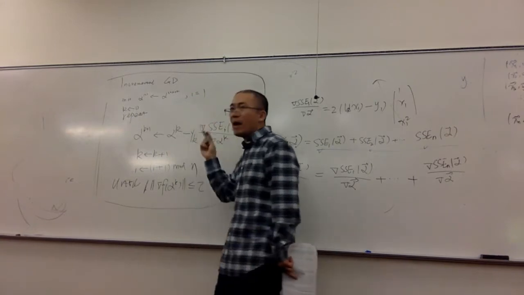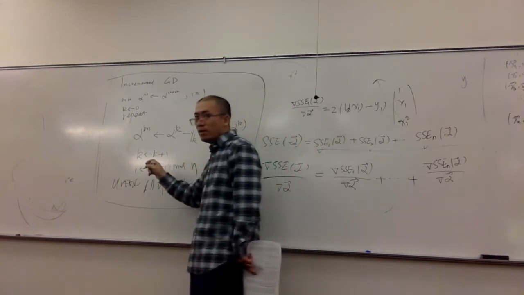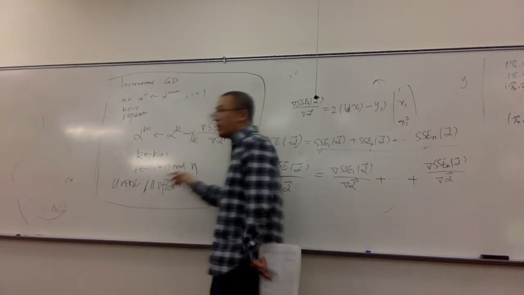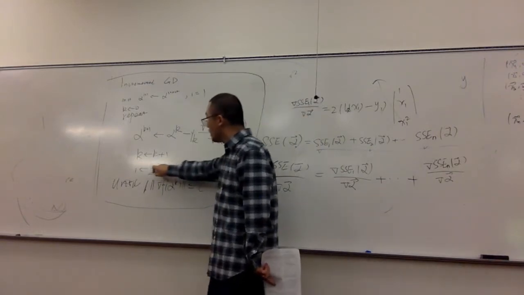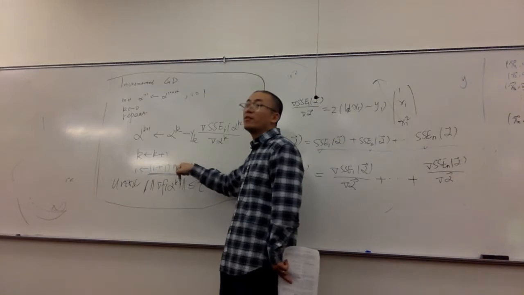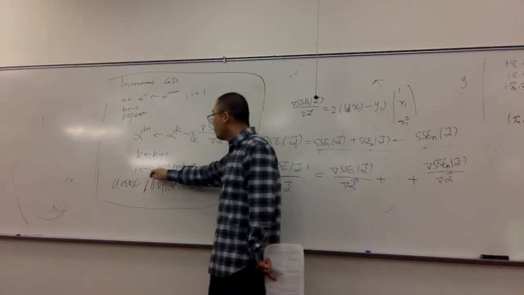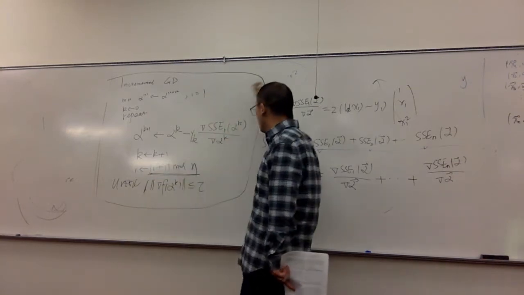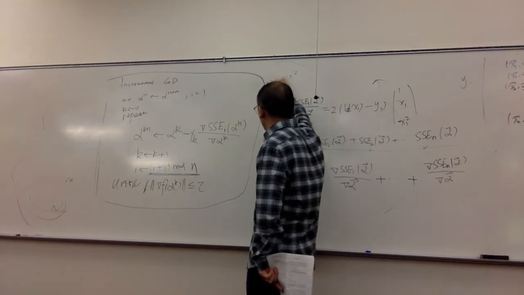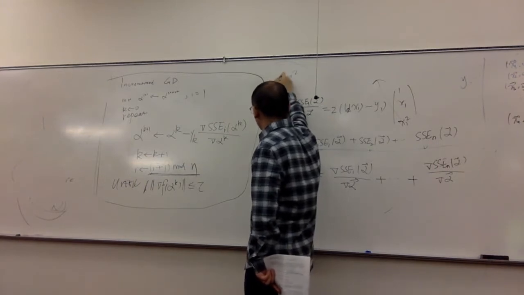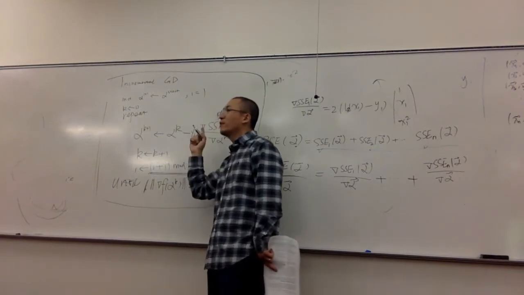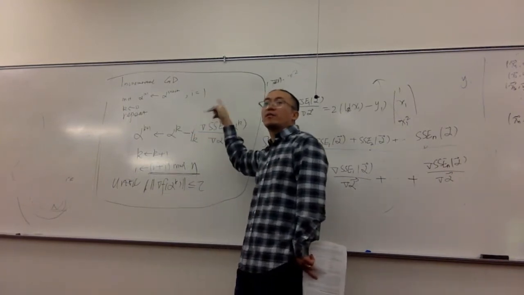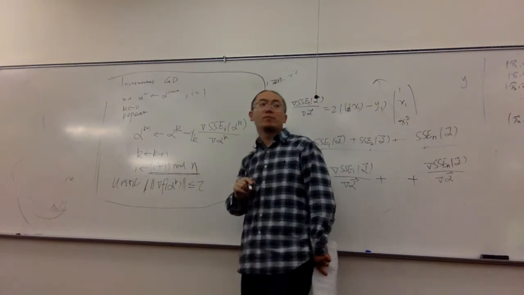But if the number of updates exceeds the number of instances, we just go back to 1. That's the meaning of this line of code. If the index is bigger than n, you just mod n, you go back to 1. So any question about this algorithm procedure?